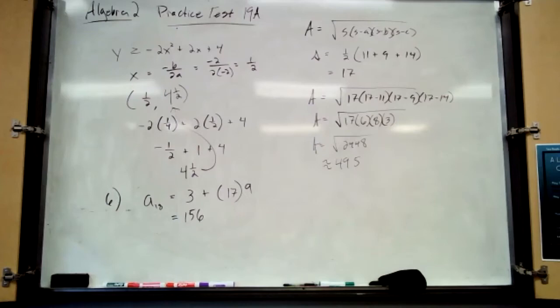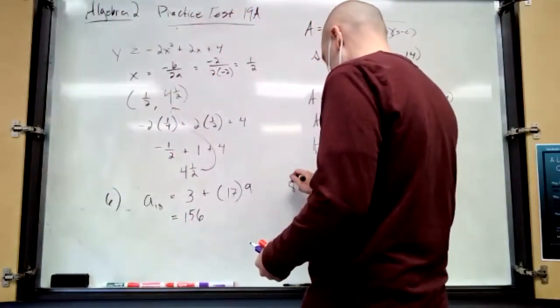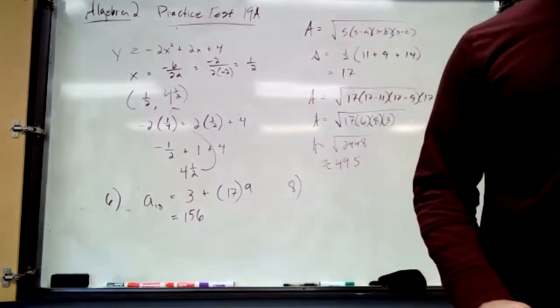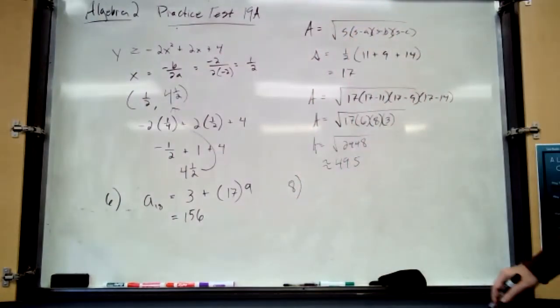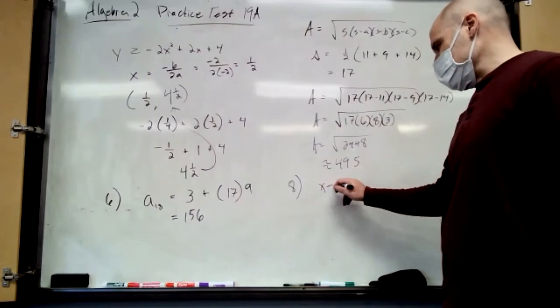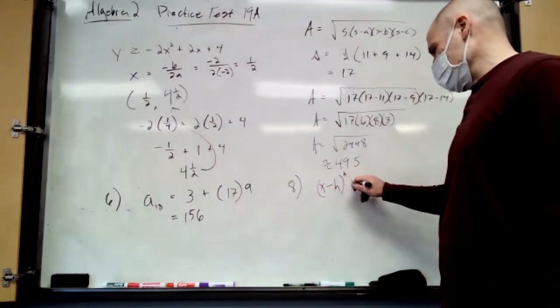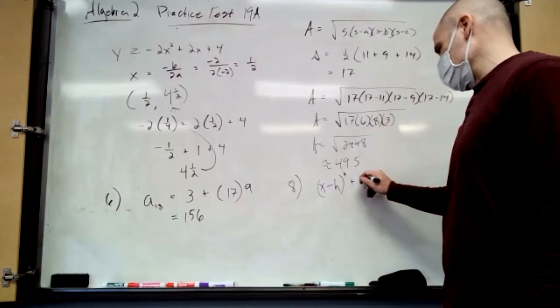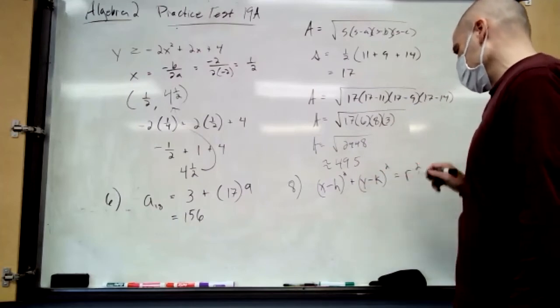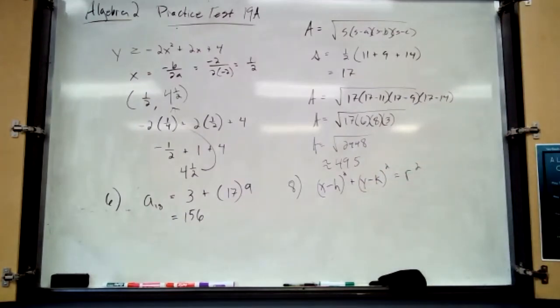Write the equation of the circle. This is probably going to be the easiest question on the test. The equation of the circle is x minus h squared plus y minus k squared equals r squared, where h comma k is the center.